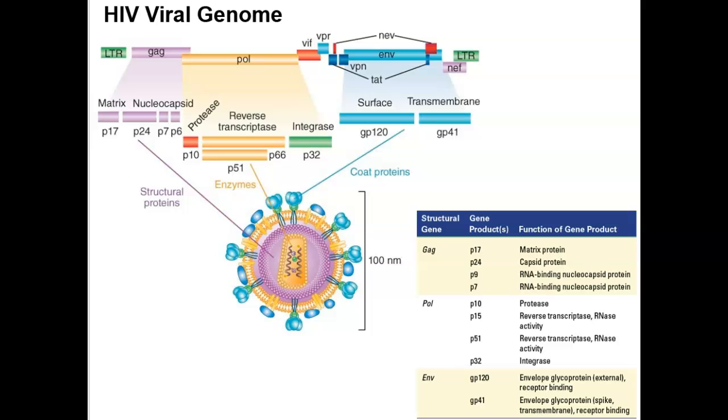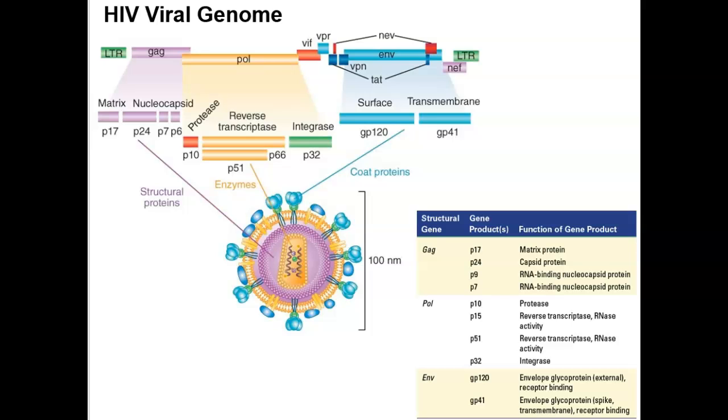Now, the virus is going to come in with 2 copies of its RNA genome, and it needs reverse transcriptase to make DNA. So reverse transcriptase is going to bind, as I mentioned, to the host tRNA that is on the viral RNA, and it needs to bind to that to start reverse transcription.